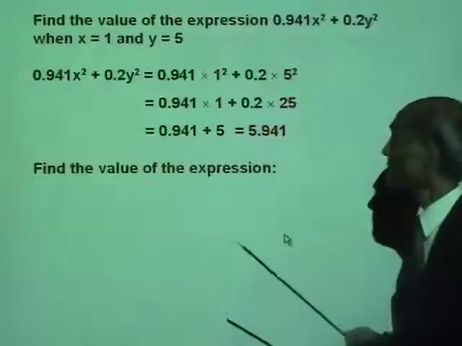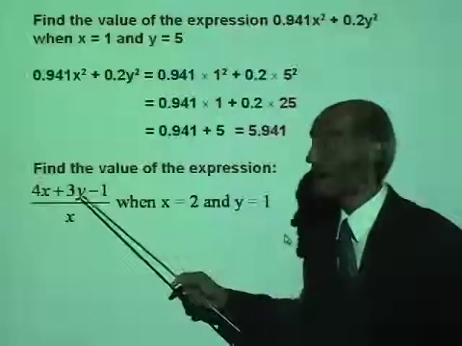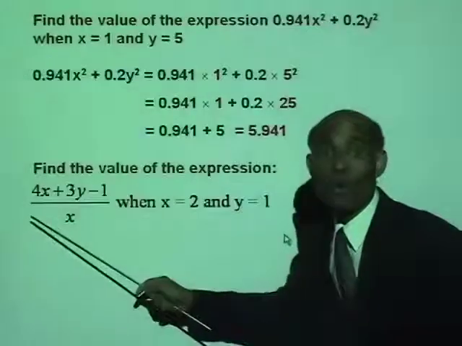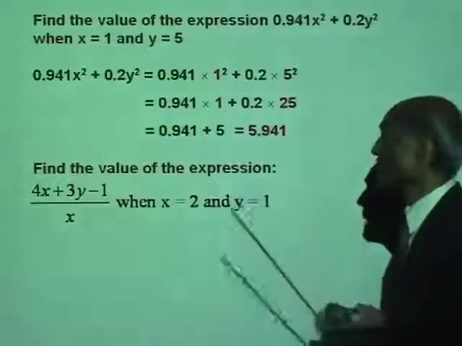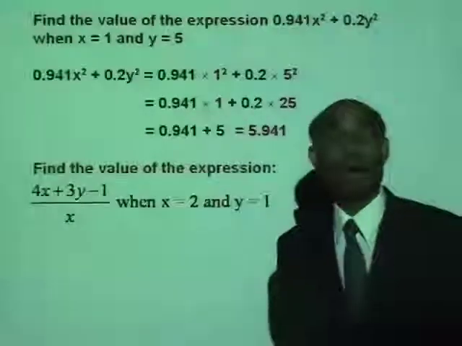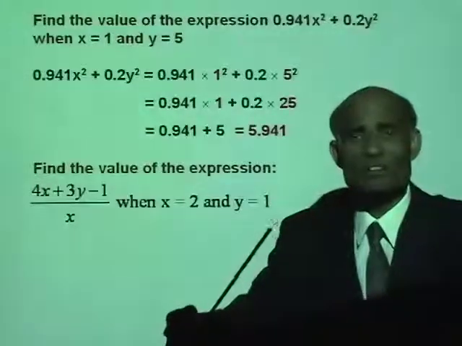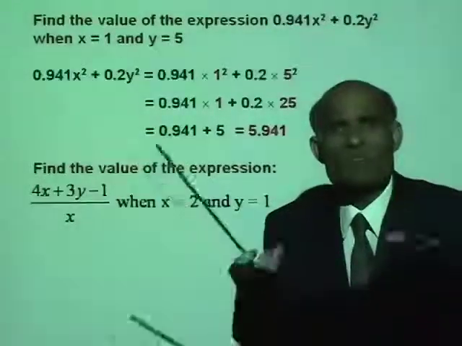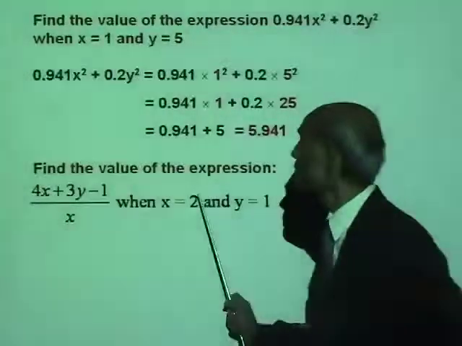Okay? Find the value of the expression 4x plus 3y minus 1 all over x when x equals 2 and y equals 1. You see, you need to do many problems like this to become very familiar with them. What do we need to do?